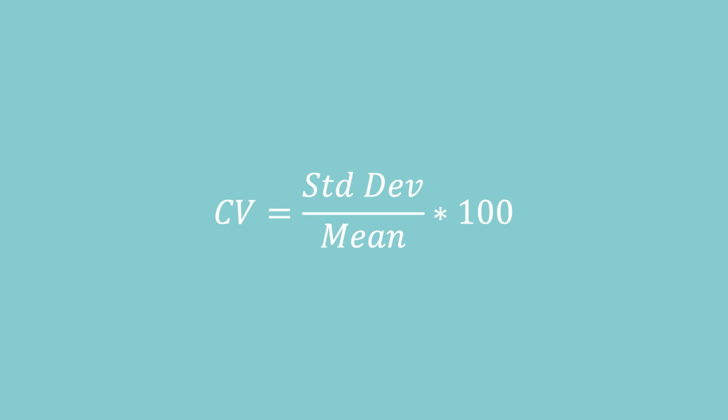Since the coefficient of variation analyzes dispersion in relative terms, it is given as a percentage. The smaller the value of the coefficient of variation, the more homogeneous the data will be. That is, the smaller the dispersion around the mean will be.